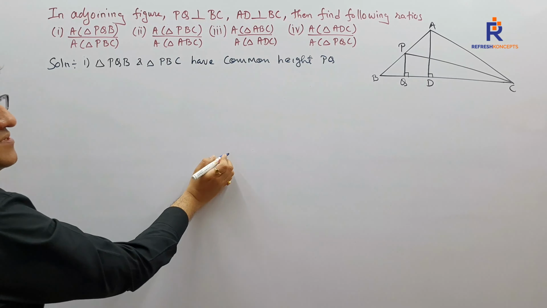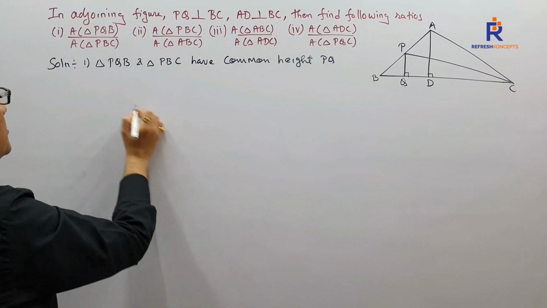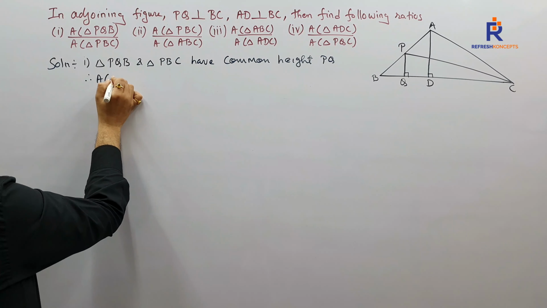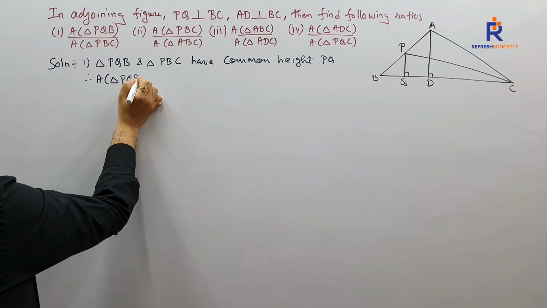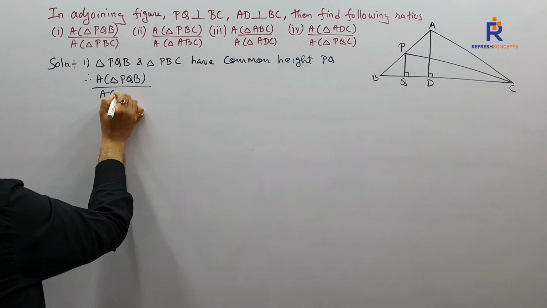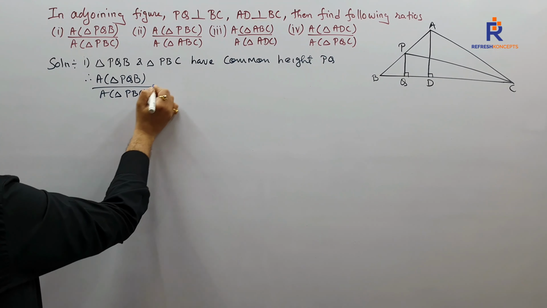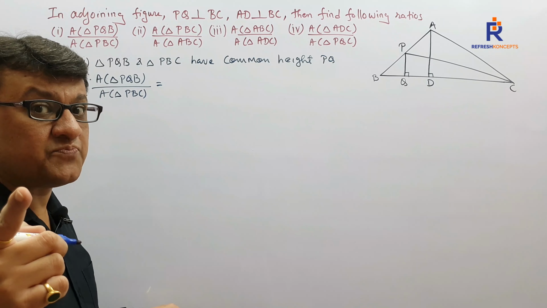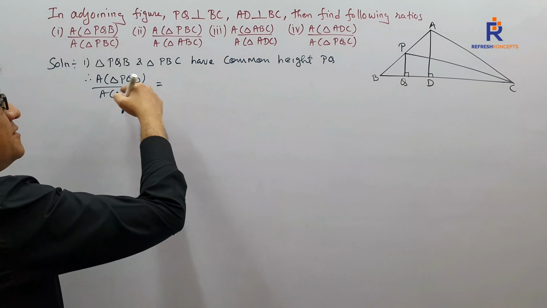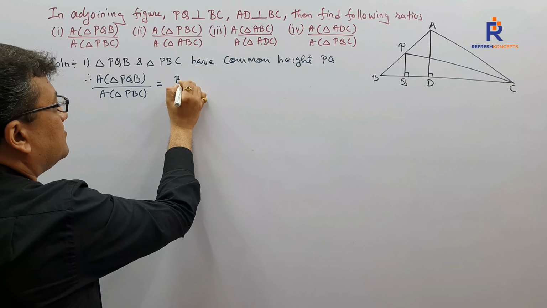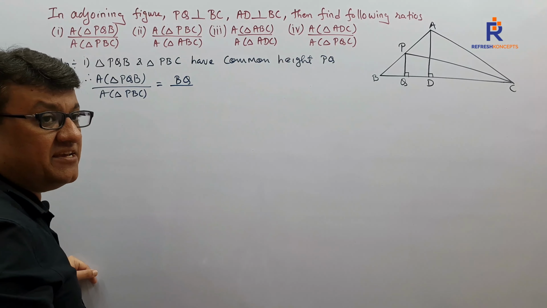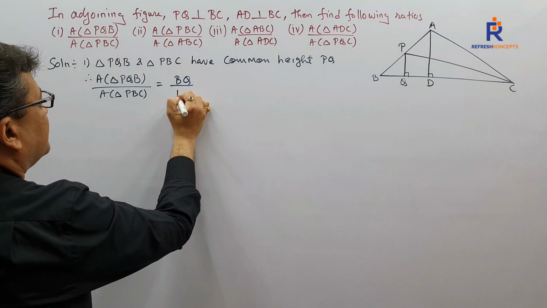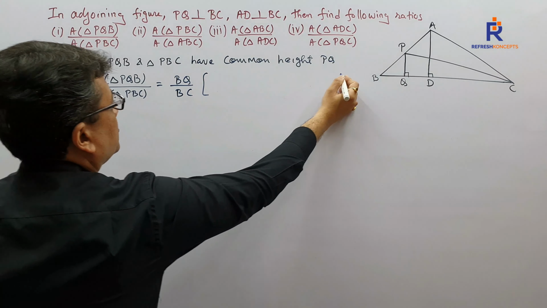PQ. They have common height PQ. Therefore, area of triangle PQB upon area of triangle PBC is equal to, if they have common or equal height, areas are proportional to the corresponding bases. What is base of PQB? BQ. What is base of PBC? BC.